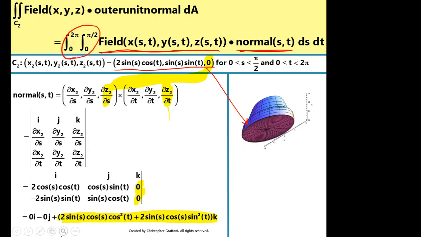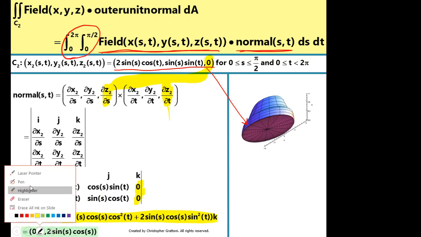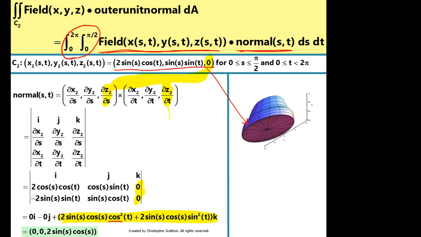Now, I don't want to leave things in ijk form. I also want to do as much simplification as humanly possible. You will notice that we do have the ability to use the Pythagorean identity here, and you will notice that k is the vector that gives us the z component of our vector. So we end up with 0, 0, 2s cosine s.